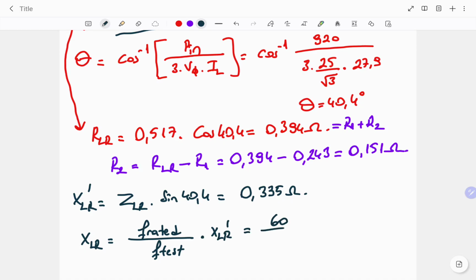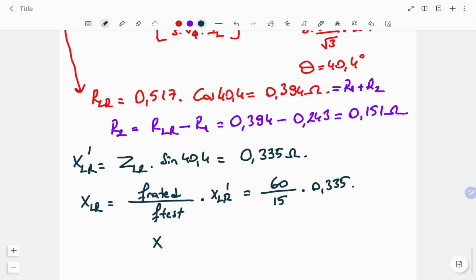The rated frequency is 60. The test frequency during the blocked-rotor test is 15, times 0.335 as the test result. So the blocked-rotor reactance from here will be 1.34 ohms.